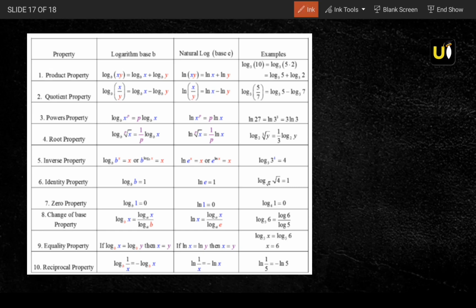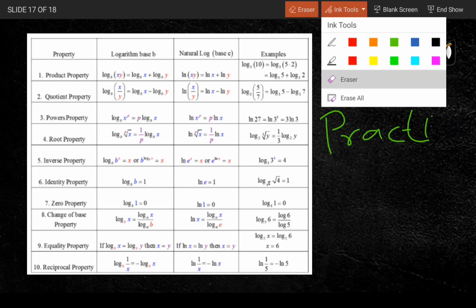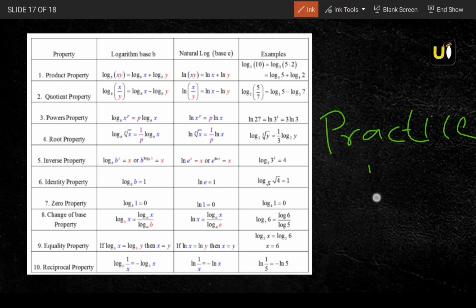Now see, here we are given all the properties of the logarithms with the examples. So if you just go through this table, you can get many ideas, and practice is more important. Just memorizing these formulas alone will not help you.